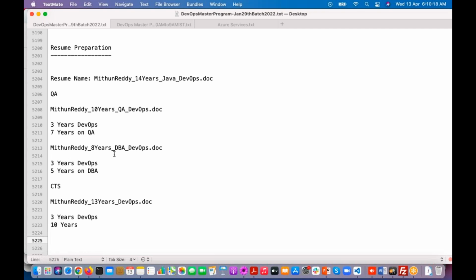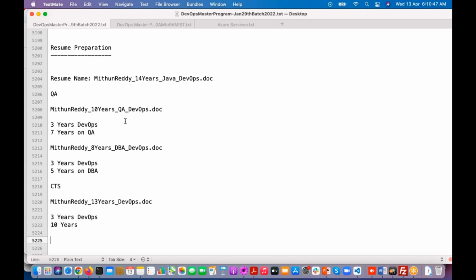So guys, don't worry about whatever designation is in your offer letter. Even in my offer letter, it is Java developer. Around 8 years back I resigned from one organization and they offered me Java developer at that time.